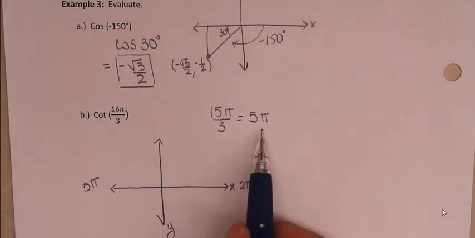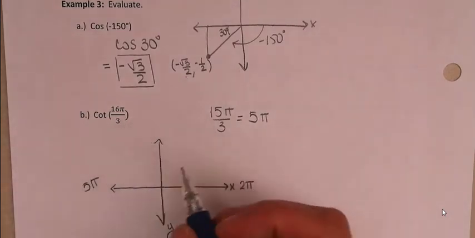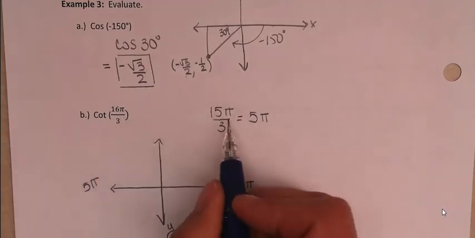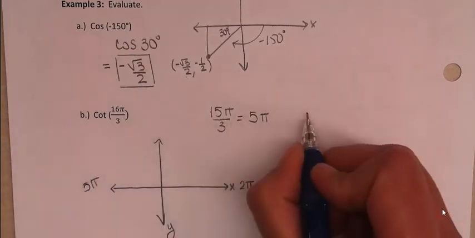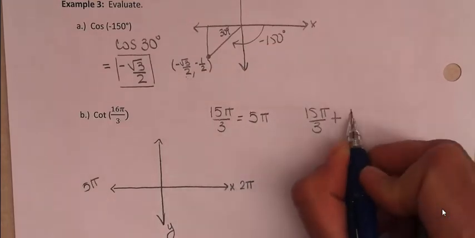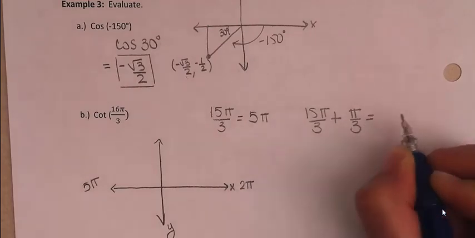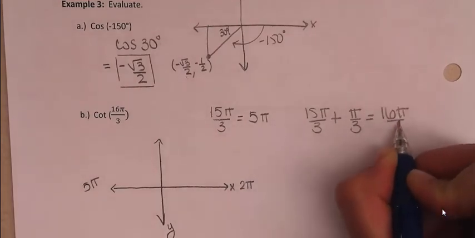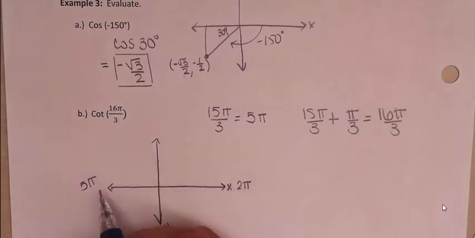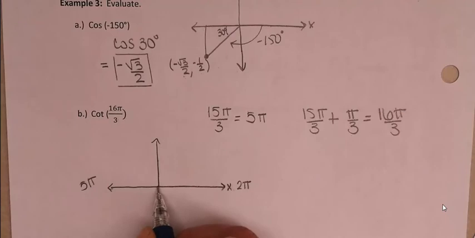Well, I don't want 5 pi. I want 16 pi over 3, which tells me I need to go another pi over 3. 15 pi over 3 plus pi over 3 would give me 16 pi over 3. So I'm going to go another pi over 3 past 5 pi.